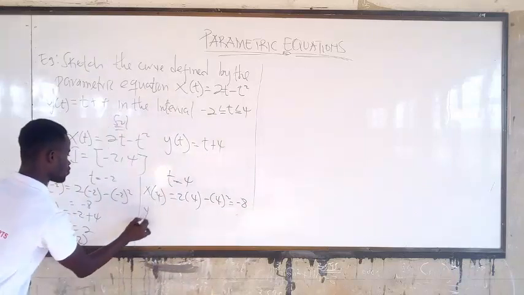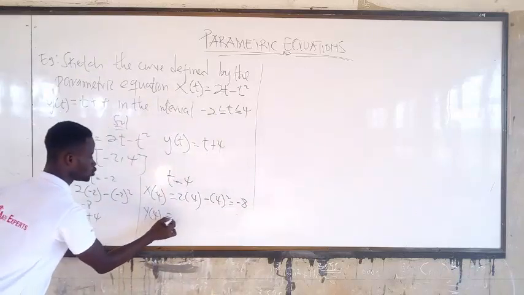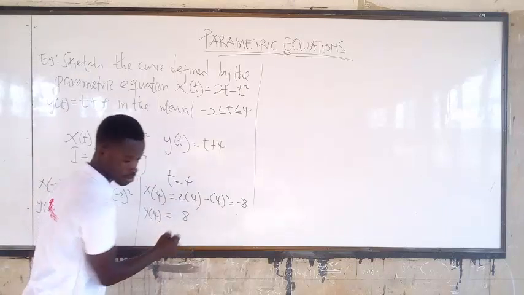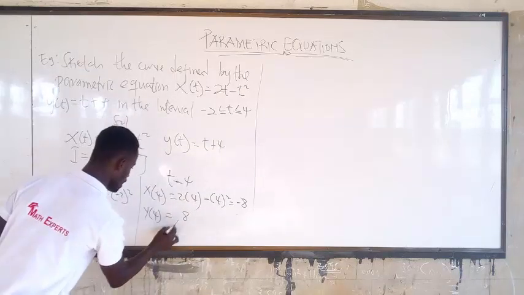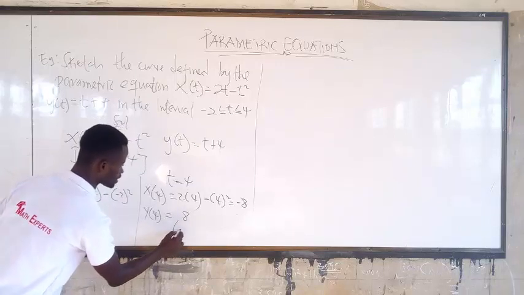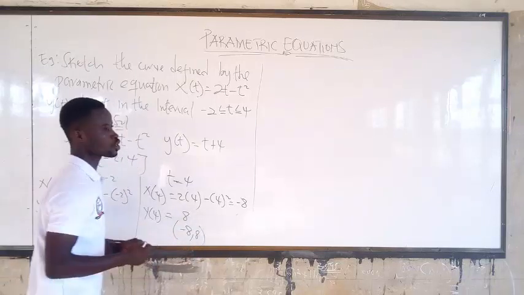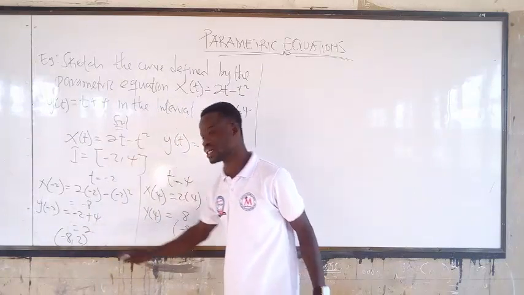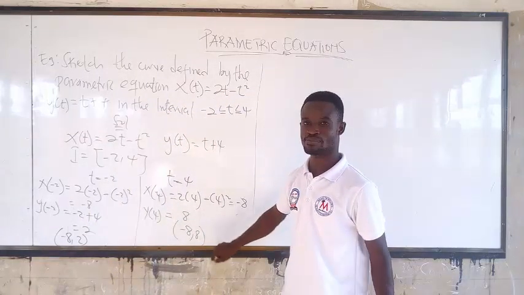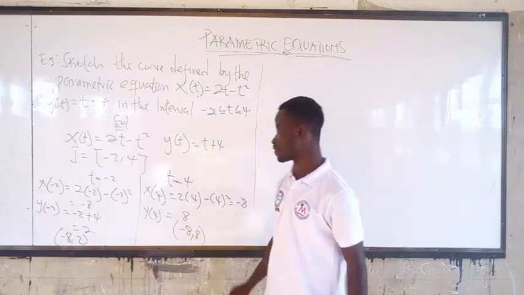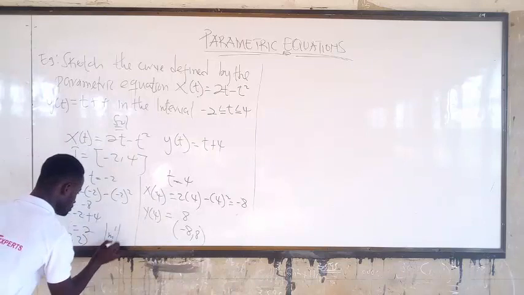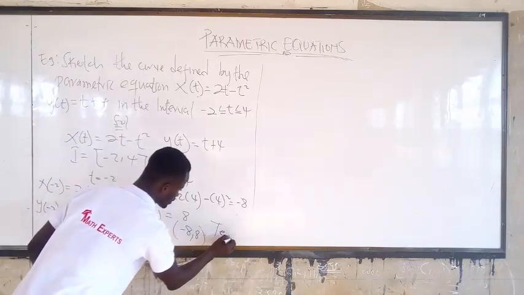And y, 4 plus 4, will give you 8. So at that point, you are going to get negative 8, 8. This means that this will be your starting point and this will be your ending point. So this is the initial point and this is the terminal point.